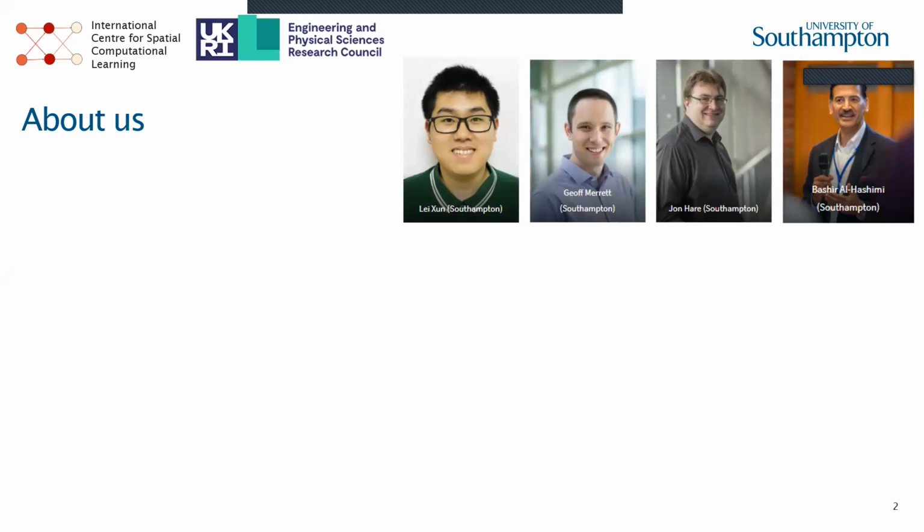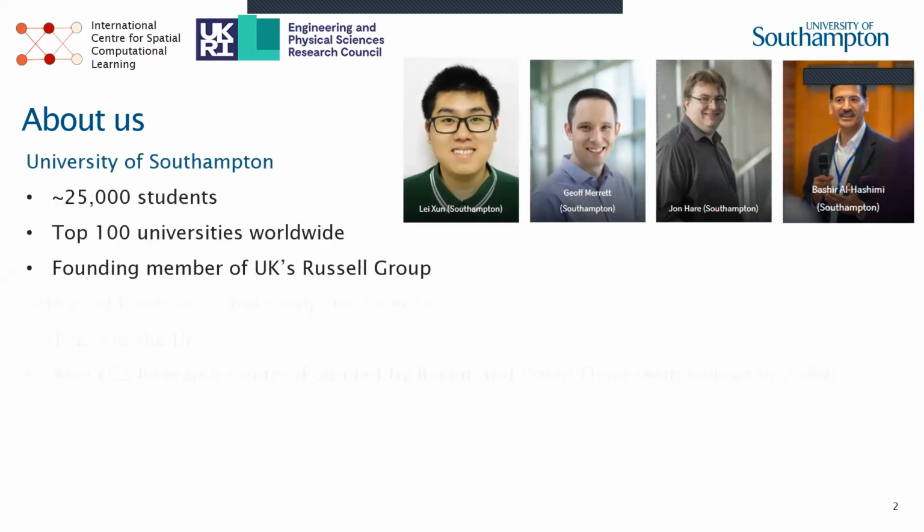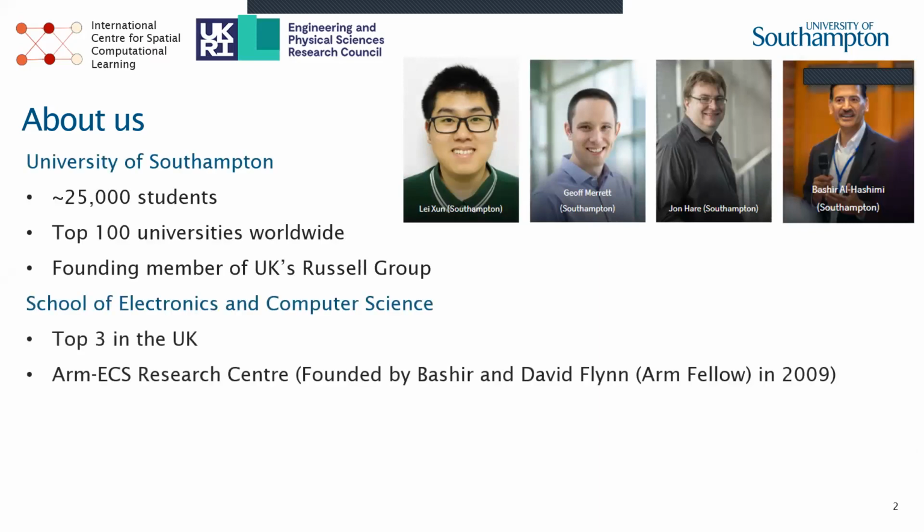My name is Lei Xun. I'm a PhD student at the University of Southampton under the supervision of Professor Jeff Merritt, Jonathan Hare, and Bashir Al-Hashimi. Southampton is a world top 100 university and is the founding member of the UK Russell Group. And our department, electronics and computer science, is top 3 in the UK, and we have a very long relationship with ARM in Cambridge.